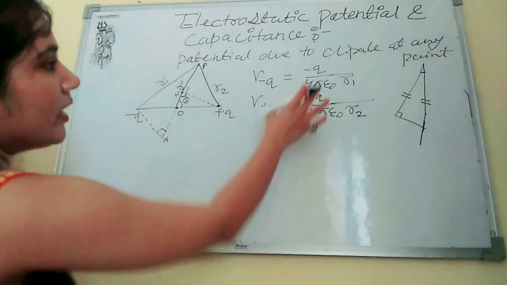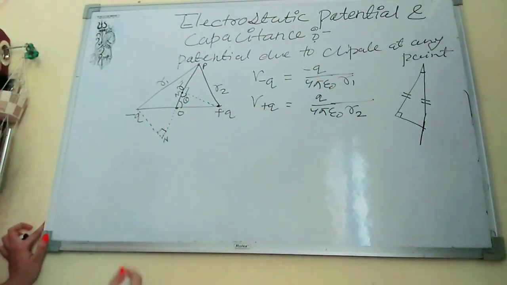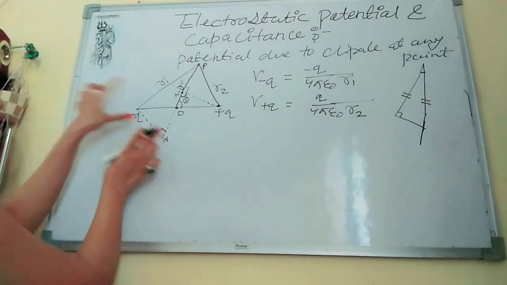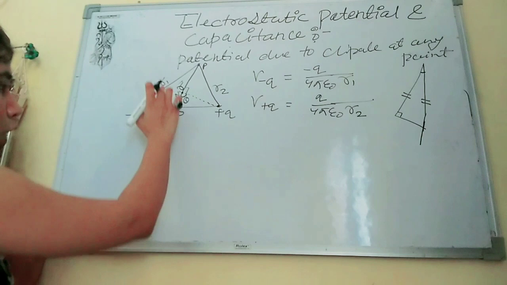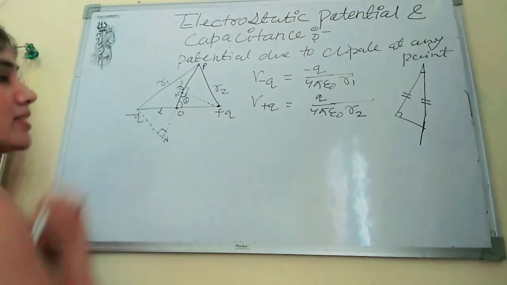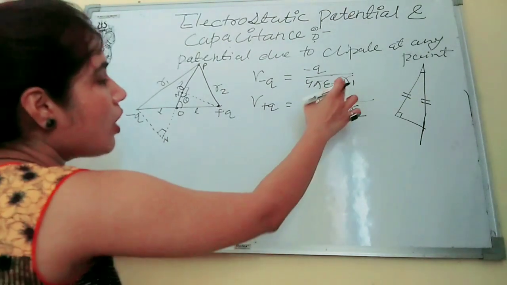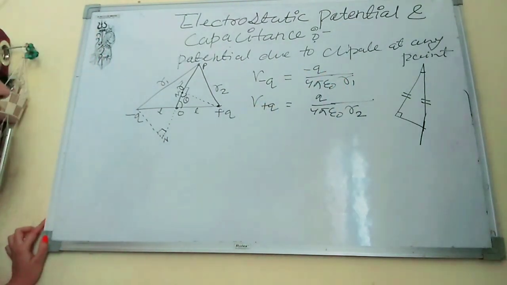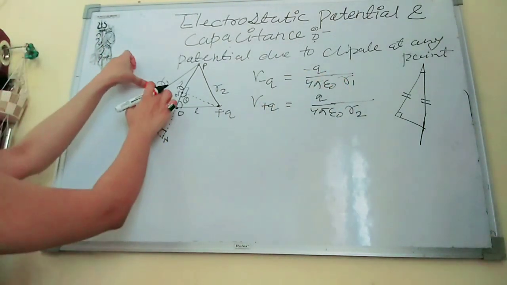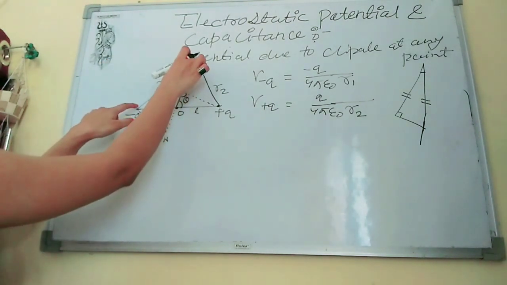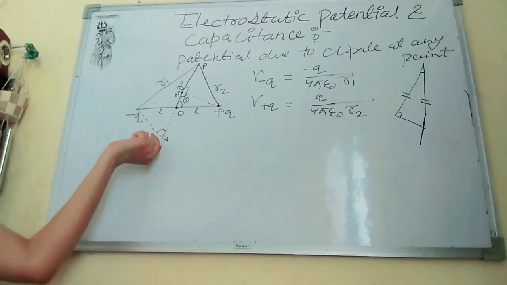Now simply we will find the value of r1 from this, and this measurement is L, we know that, and this is also L. So how will we find r1? This r1 will be equal to this line because of the perpendicular.